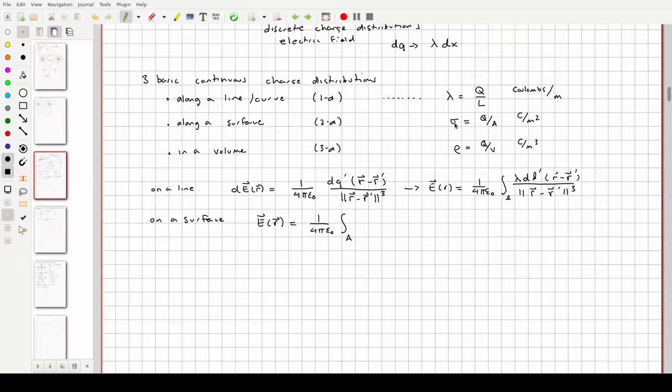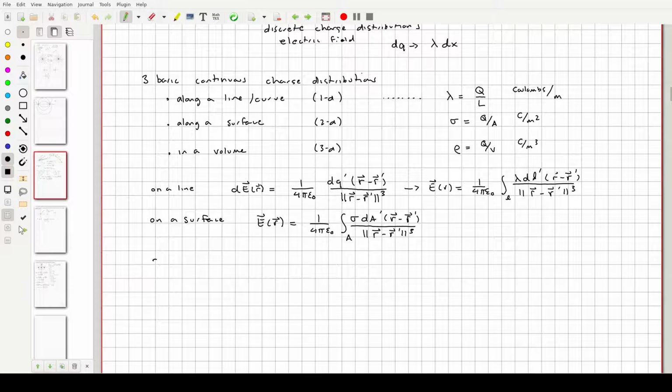And surfaces use 2D charge densities. So that would be sigma dA prime, R minus R prime, divided by the length of R minus R prime cubed.